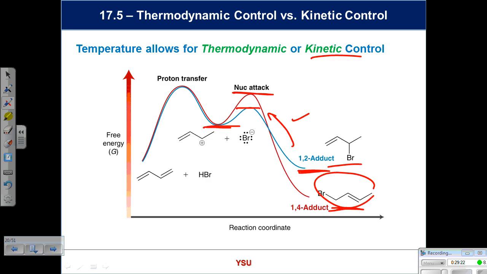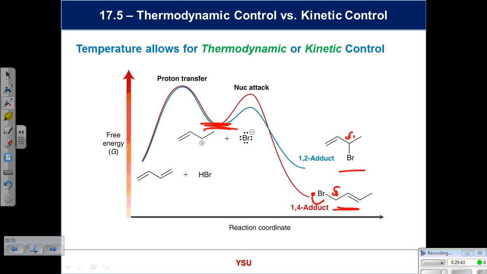Yeah, if you see down here, because this is much lower energy, both molecules are going back to the same place, right? So this is the same ending point. Yes, it takes more energy for this to break off and go backwards, okay? Because we're starting to develop charge on a positive carbon, a primary carbon, as opposed to developing charge on a secondary carbon. Think about the transition states as you're going up those barriers.